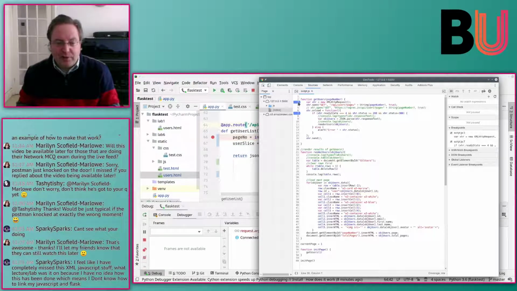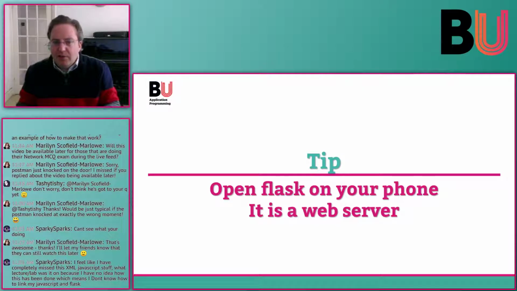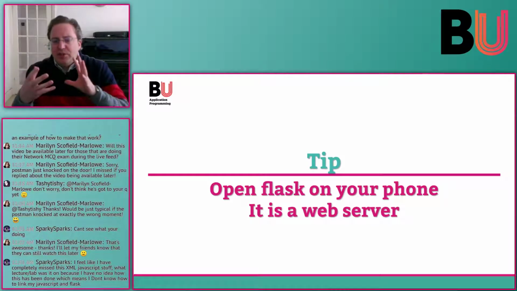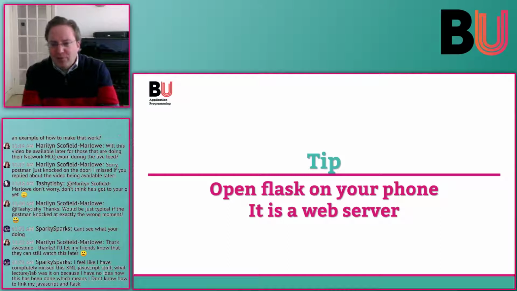And that server can be anywhere. That could be Regress, which lives somewhere on the internet we don't know, or it can be on your local computer. But another thing to realize there is that even if you run Flask on your local computer, there's no reason that your HTML couldn't work, say, from your phone.